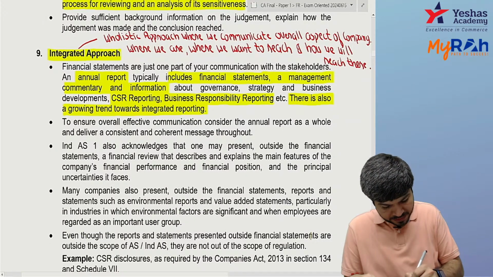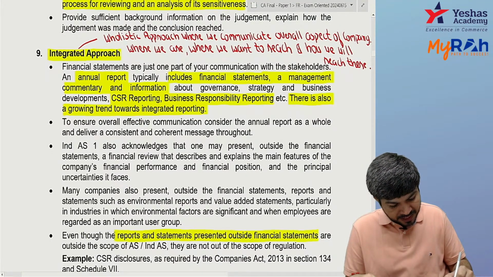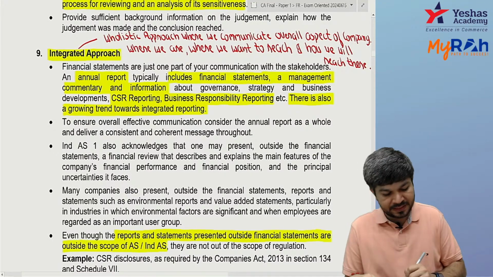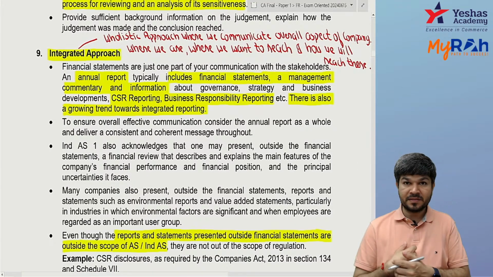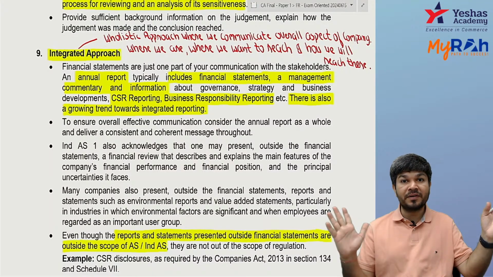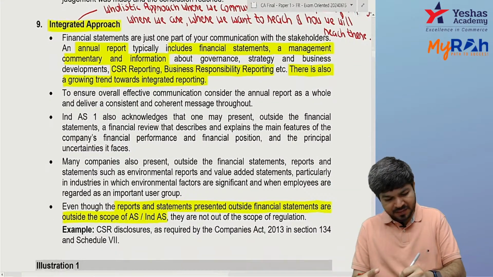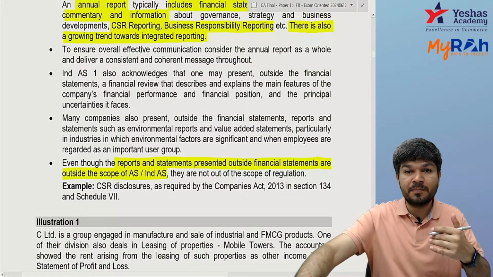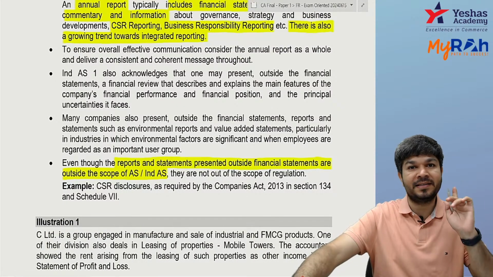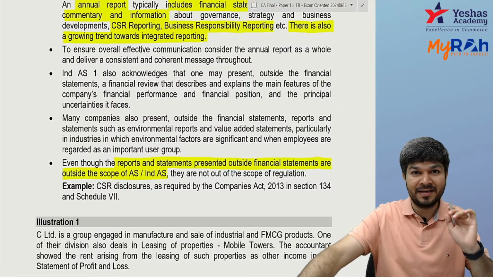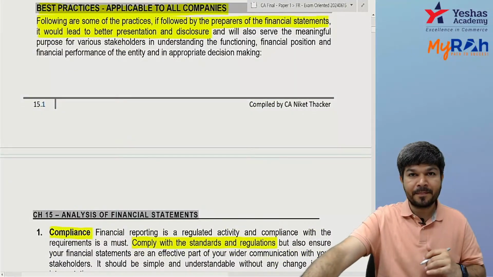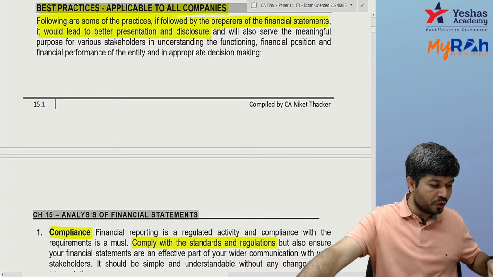The reports presented outside the financial statements are outside the scope of Ind AS. Fine, but there's a kind of holistic approach people are trying to follow nowadays, not mandatory. Not mandatory.